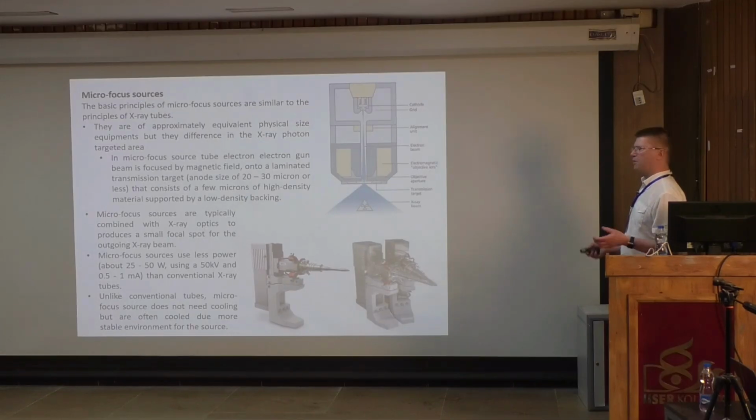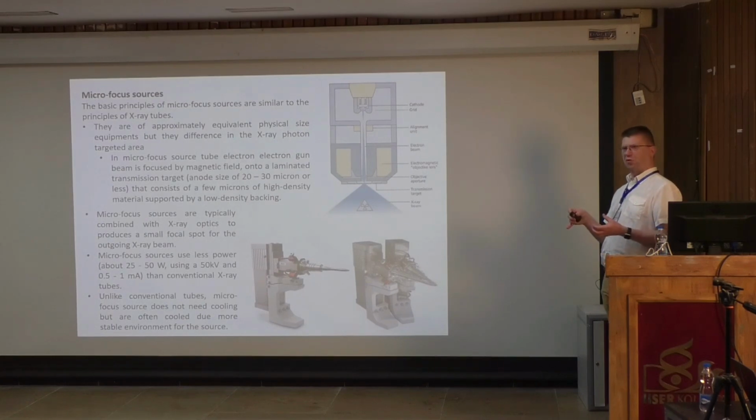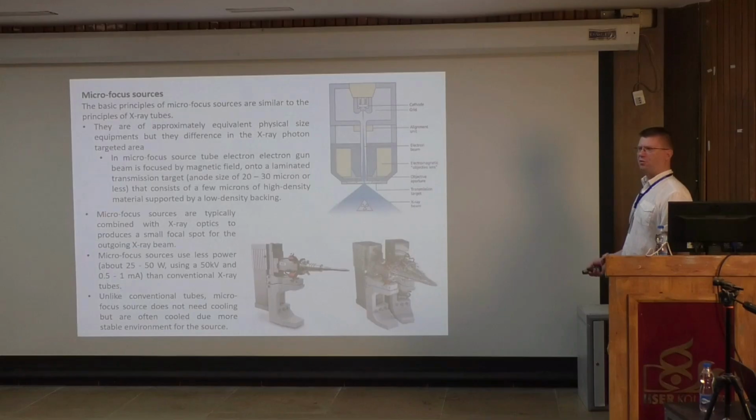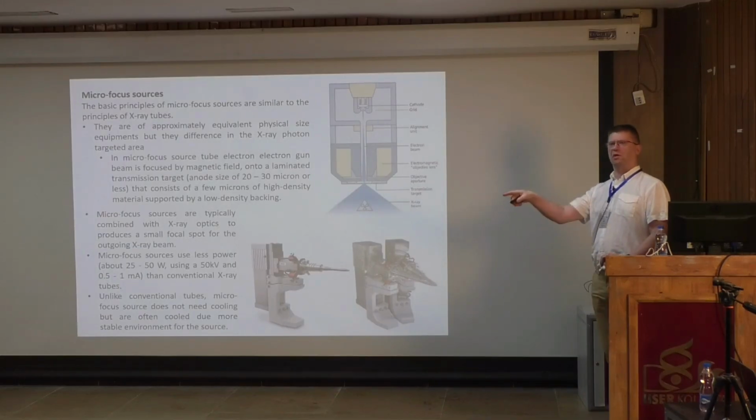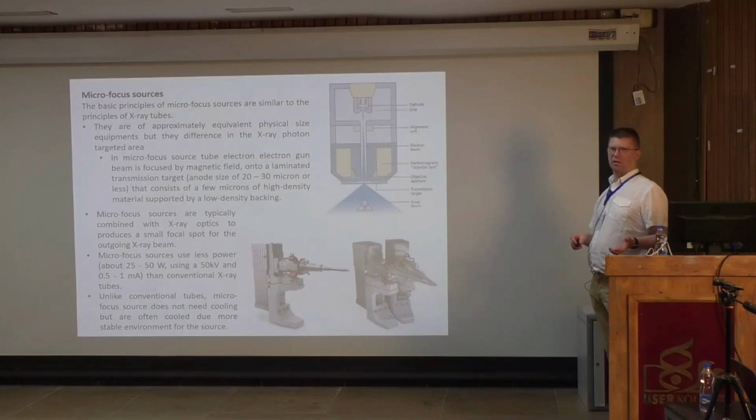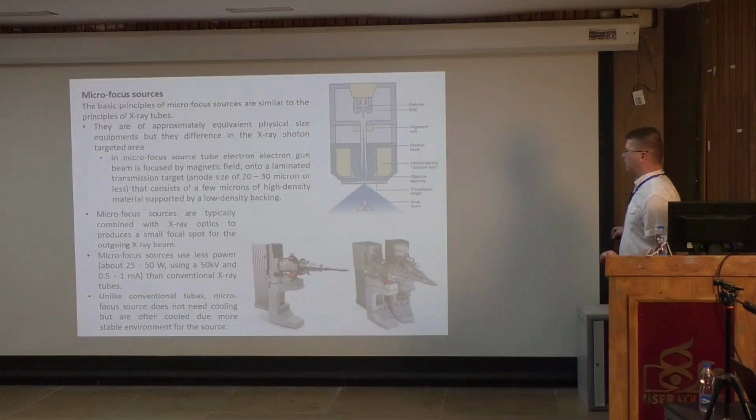And now, because it's so compact and easy to do, you can have 2 of them in the instrument. So that's what we have in the other instrument. We have copper and molybdenum radiation in the one instrument. And then, by the computer, you just push the button, change the radiation, and it changes the radiation. And that's the idea. So this is called the micro source X-ray tubes. They're inside here.